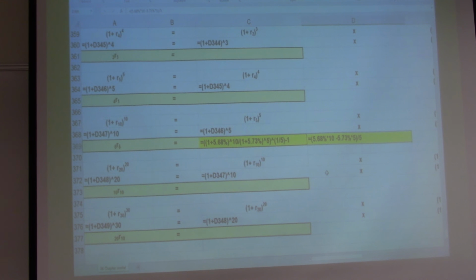So if you add it up, 5.68 for 10 years should equal 5.73 for 5 years and X for another 5 years. So it's the same. Or, if you don't think of adding them up, you multiply 1 plus 5.68%, because you compound every year, 10 times in 10 years. So it should equal 1 plus 5.73% for how many times? 5 years. Times 1 plus X for 5 years. And you work out this math. That's this one. But this is the equation.